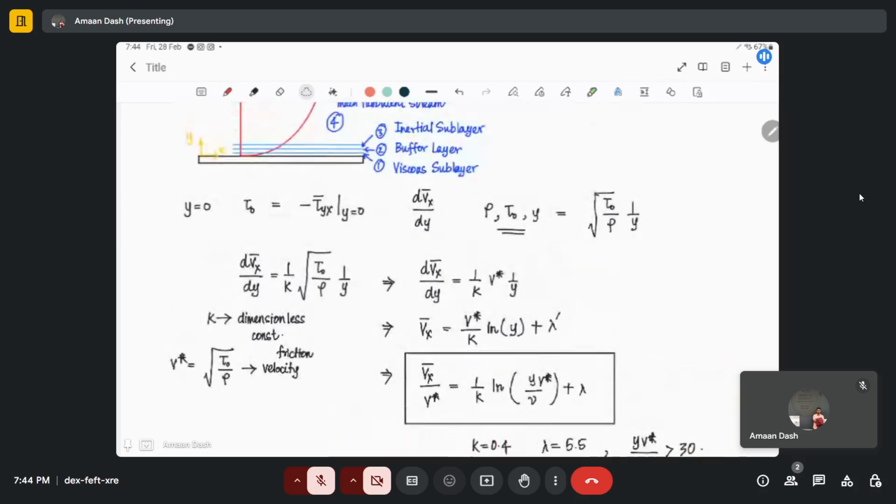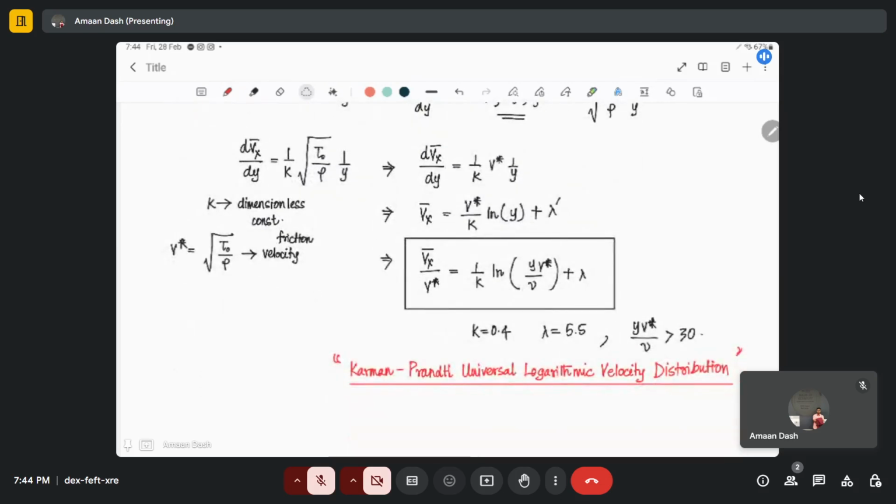And later many experiments were done, and it was shown that this expression was only moderately explaining the experimental data somewhat beyond the inertial sublayer. Therefore many modifications were also made to this.